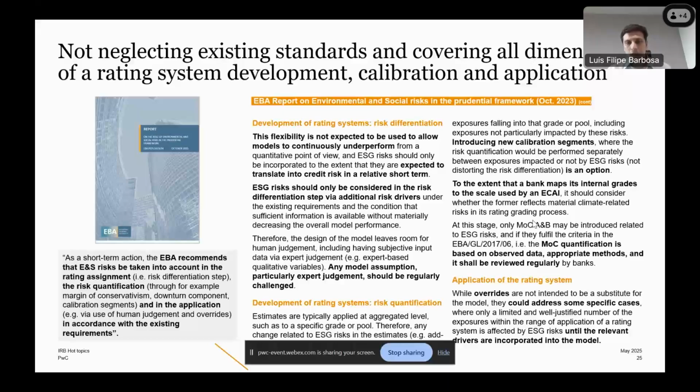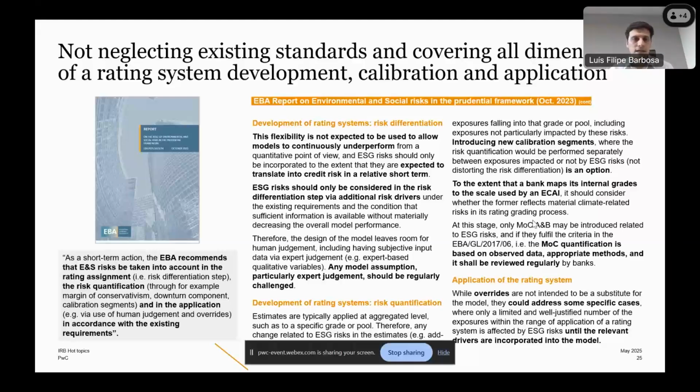When we talk specifically about calibration, so risk quantification, what EBA is stating is that we really don't agree with increasing your conservatism on a broader perspective, covering potentially segments that will not be so much impacted by ESG factors. Instead, try to create additional calibration segments that could resize and refocus the effects where those are expected to be most meaningful.